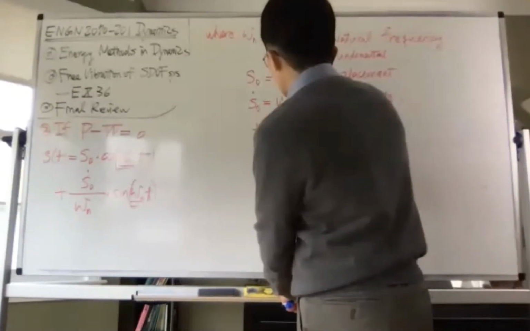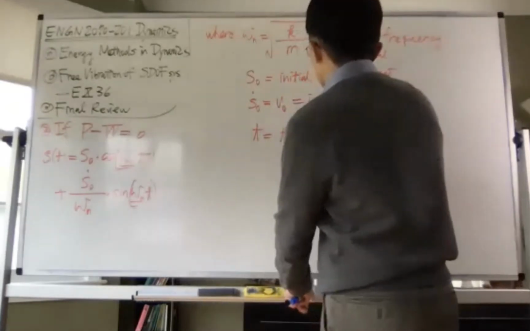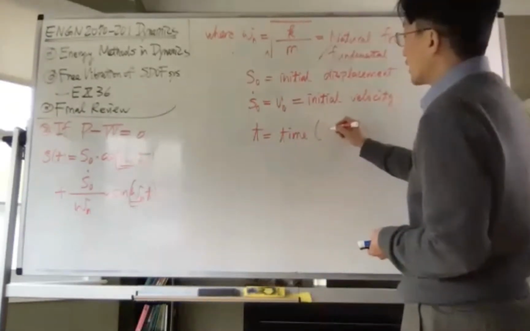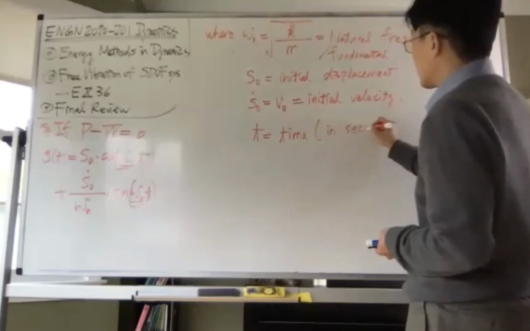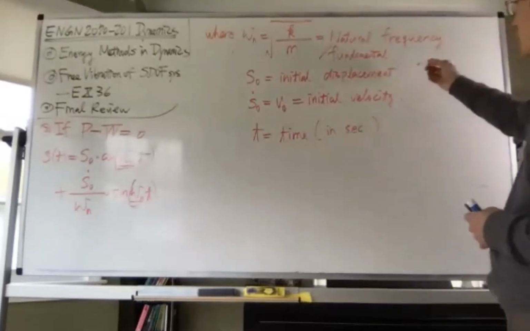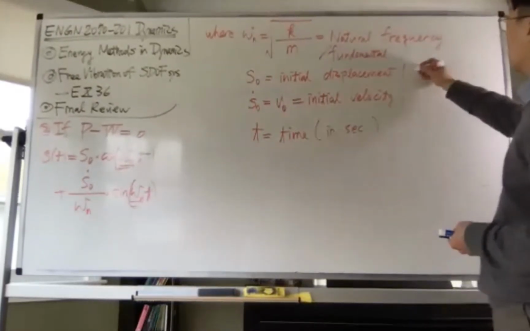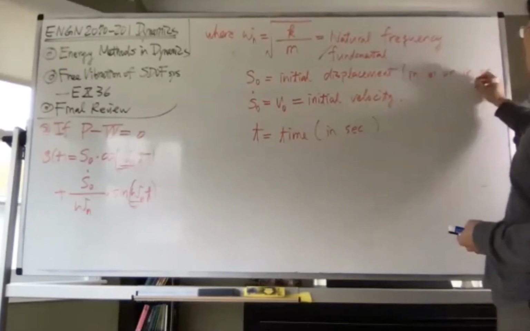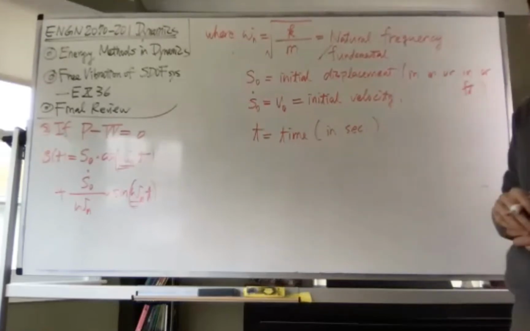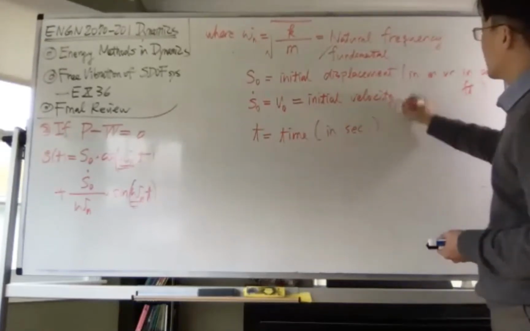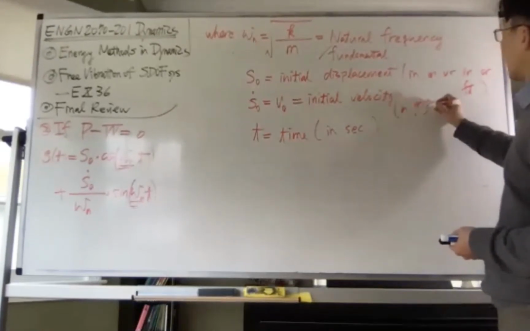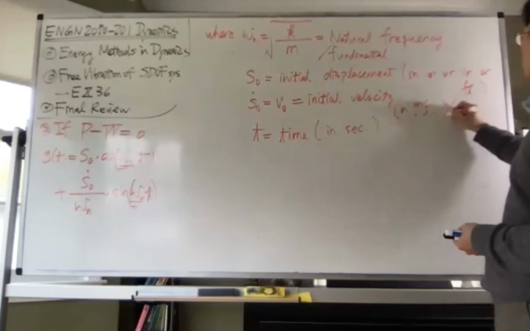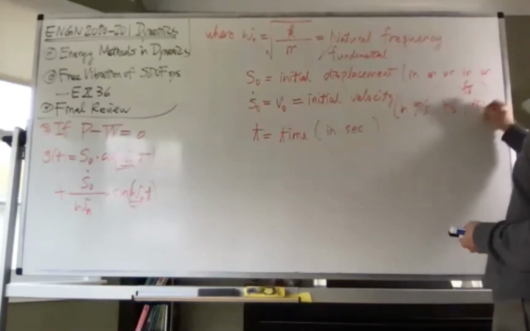What's t here? t is time, and time, of course, is usually in seconds. Linear displacement is in the unit of either meters or inches or feet. Initial velocity, of course, you know, is in either meter per second or inch per second or feet per second.